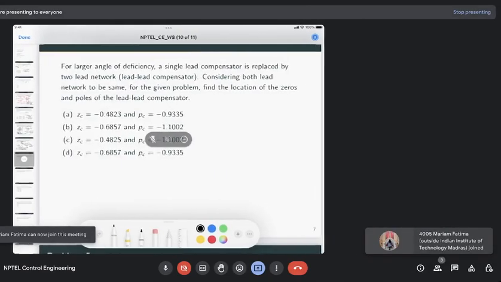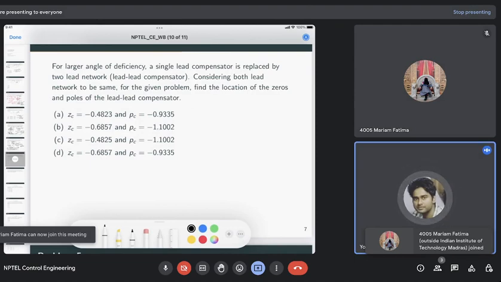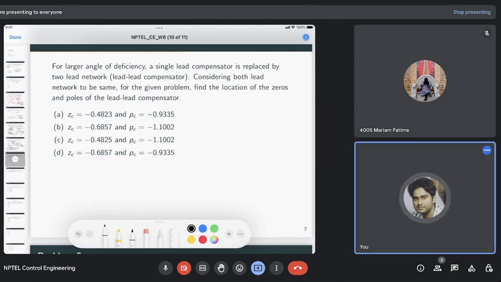We already know that the lead compensator should provide this positive angle, the compensation angle, so that our transient response specifications are met. It is possible that this angle deficiency will be very large, so the compensator has to provide a very high positive angle. So instead of one, we can have two lead compensators, each providing some angle contribution, and both should add up to the desired angle contribution.